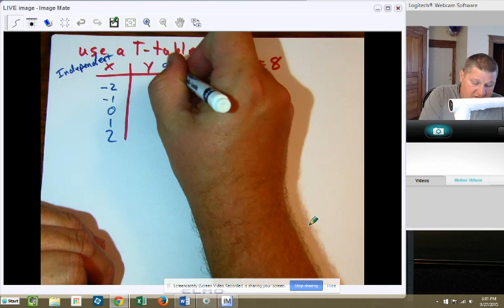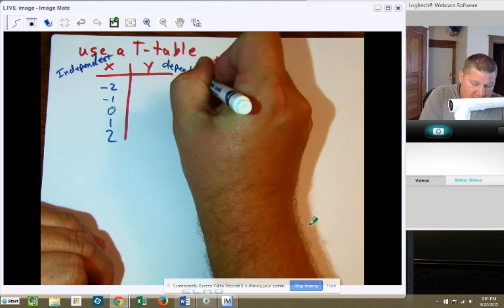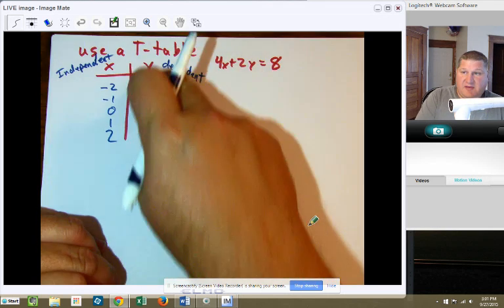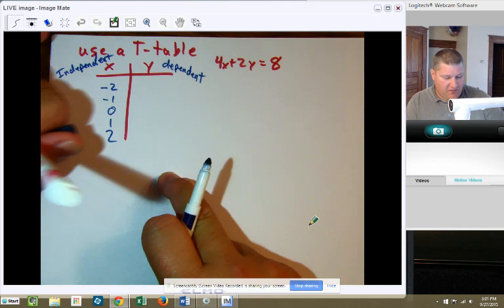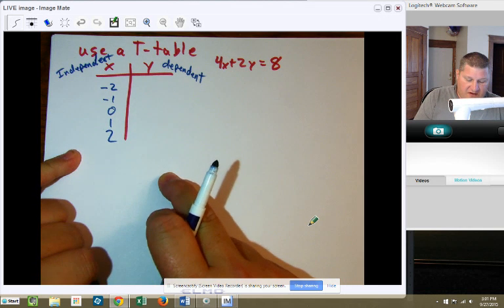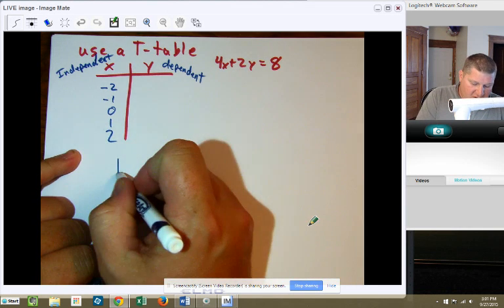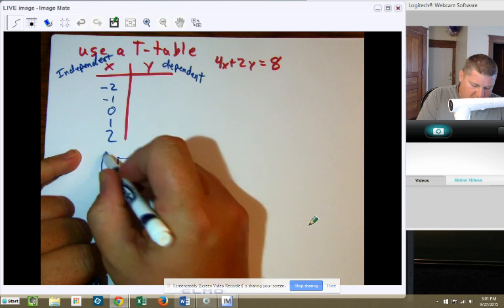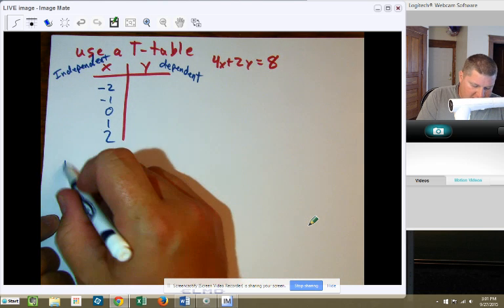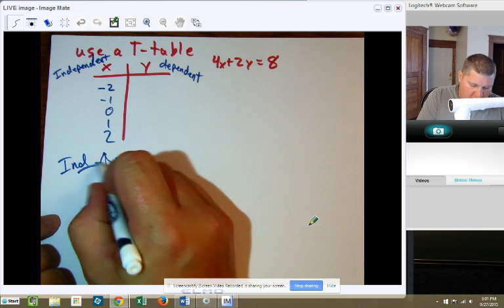Over here, this is called the dependent variable, because a dependent variable depends on, comes out of, whatever this is. This has to do with our function system. When we have a function, that means we're going to take an independent variable and put it in.